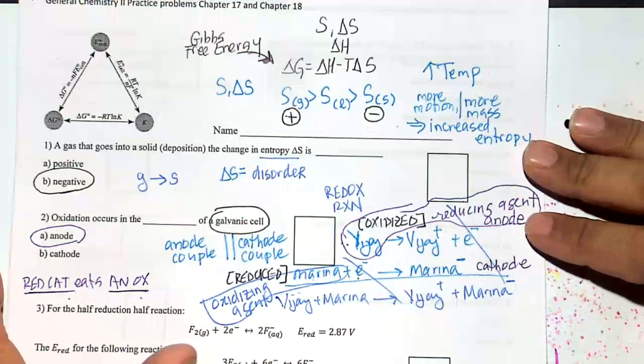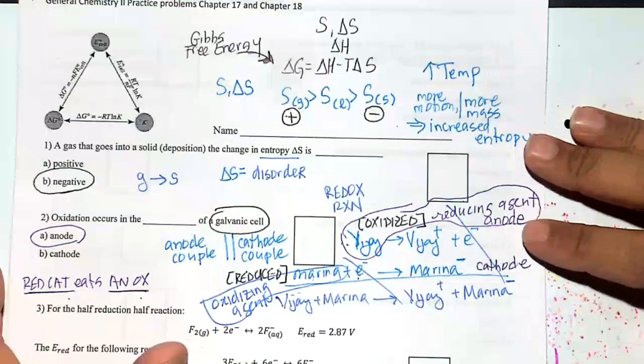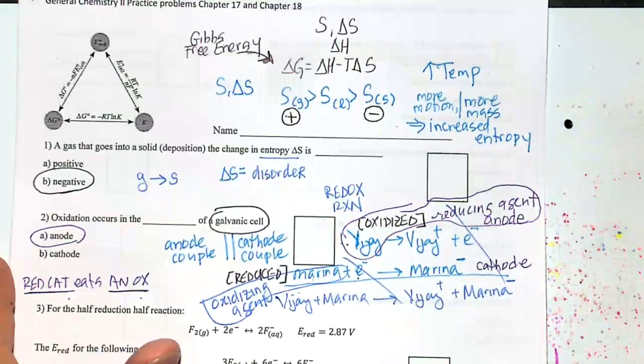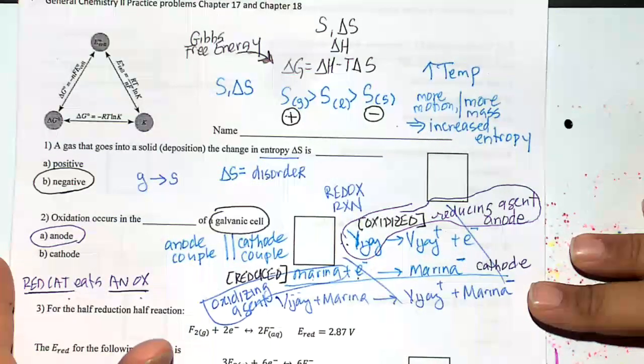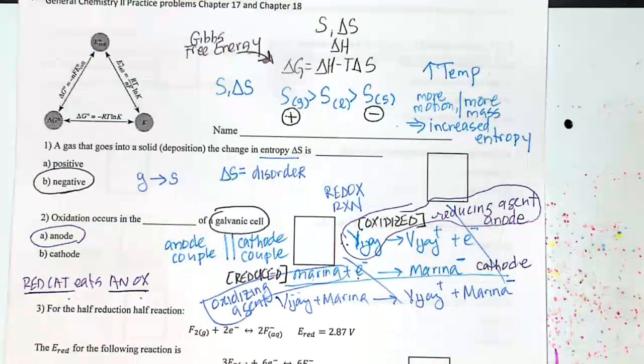So make sure you're good for the short answer portion and multiple choice portion, no calculations, this type of terminology. What happens where?